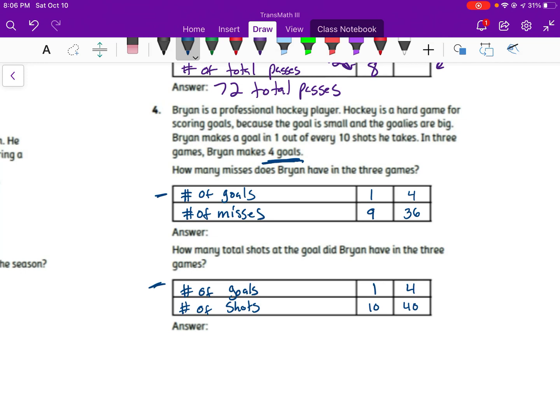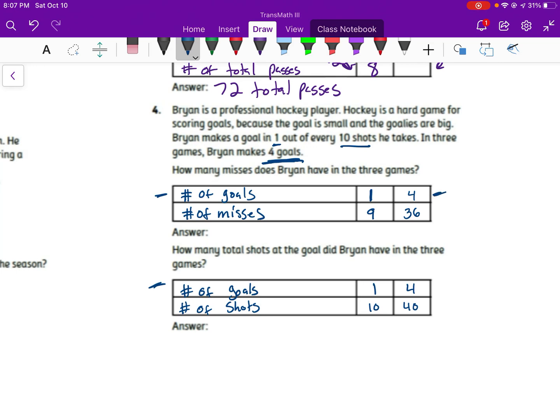So how many misses does Brian have in the 3 games? Okay, so every goal that Brian makes, 1 goal that Brian makes, he has 9 misses. Once again, 1 out of every 10 shots. So that means 1 goal, 9 misses. And then we also know in that 3-game span, he scores 4 goals.